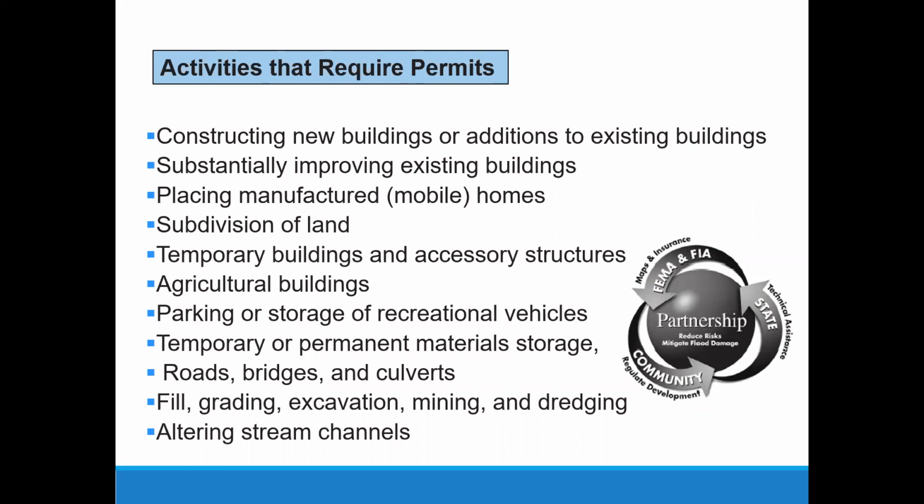But either way, having this documentation can help. Again, I mentioned you'll be dealing with neighbors that complain about each other. And so having the documentation for their floodplain development can help quell some of that complaints or anger.